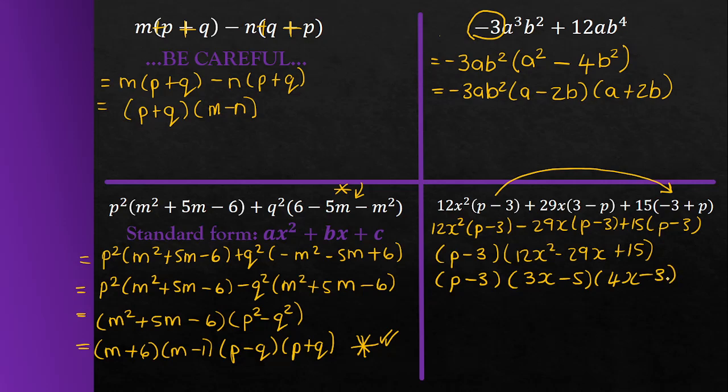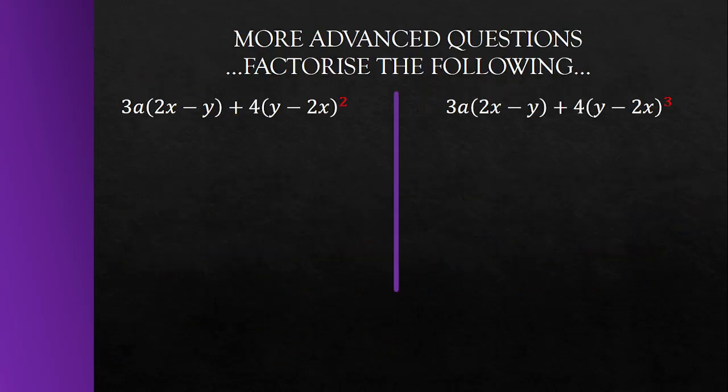Looks great. So remember, if you can't factorize that trinomial, go back to my other videos, and I've got the AC method there for you and the crisscross method. See which one works for you. Okay, great. So now let's look at some more advanced questions.